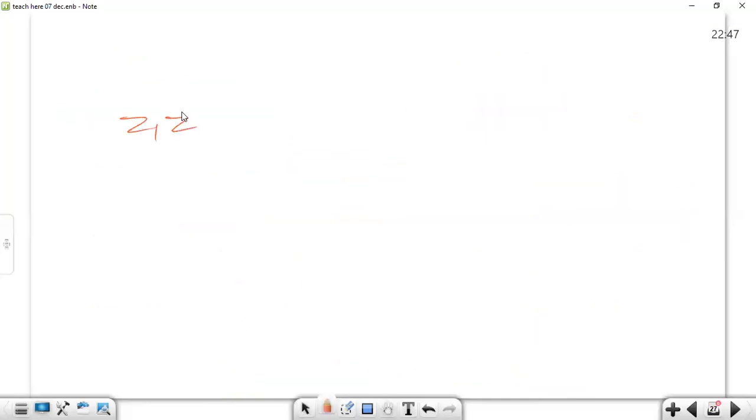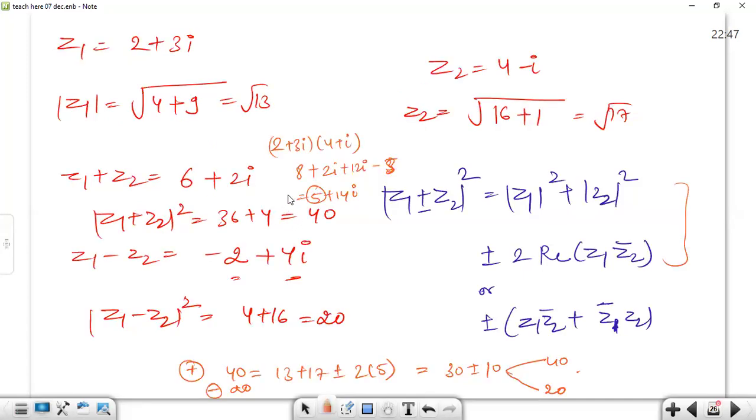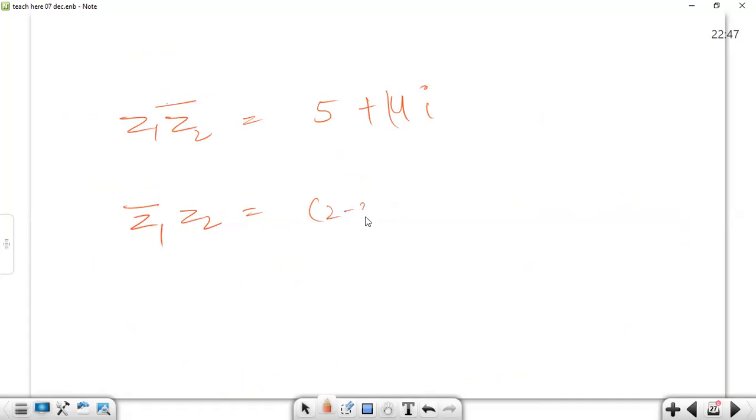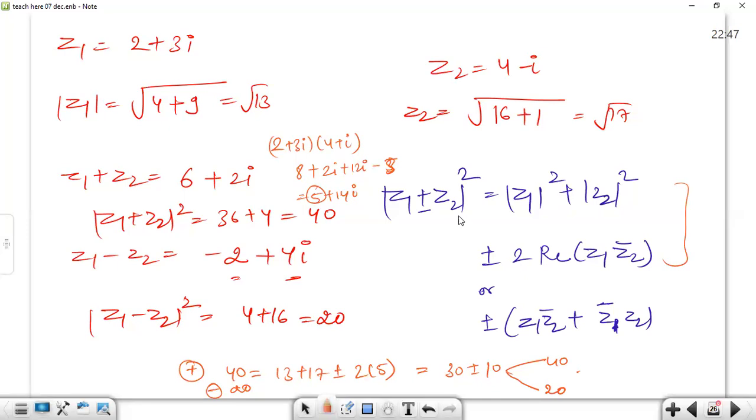So z1 into z2 conjugate was 5 plus 14 iota. Now let's find out z1 conjugate into z2. z1 conjugate is basically 2 minus 3 iota and z2 is 4 minus iota.